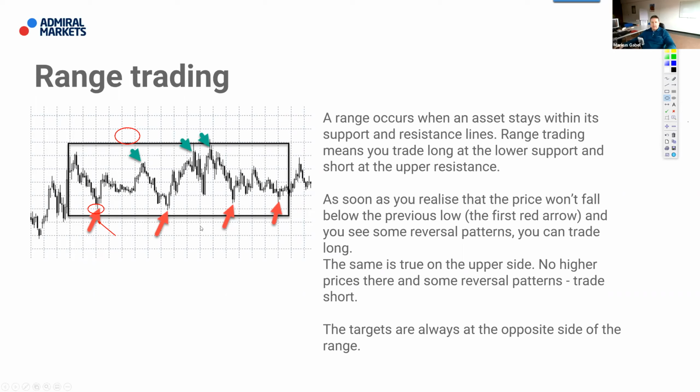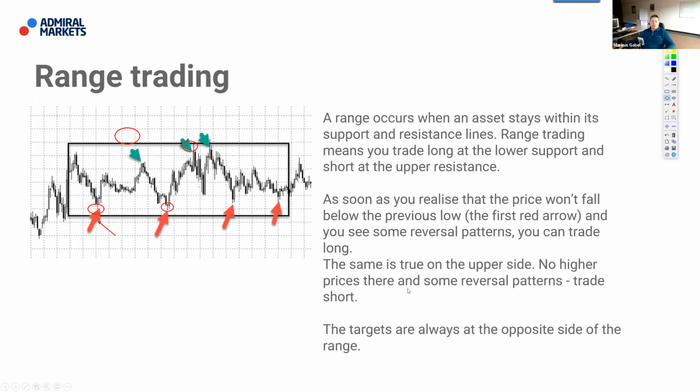And the second time the price comes down, you can see reversal bars again, and then you can trail up to the upper side, and you can trail your stop as long as the price will go up.